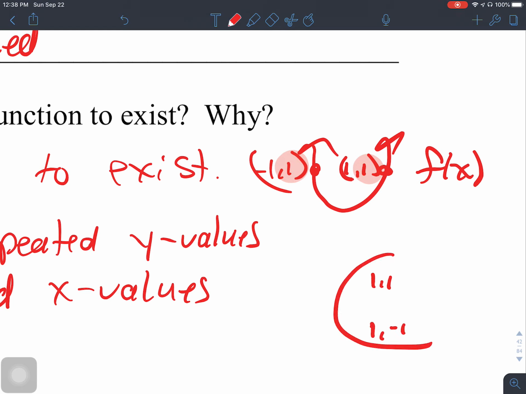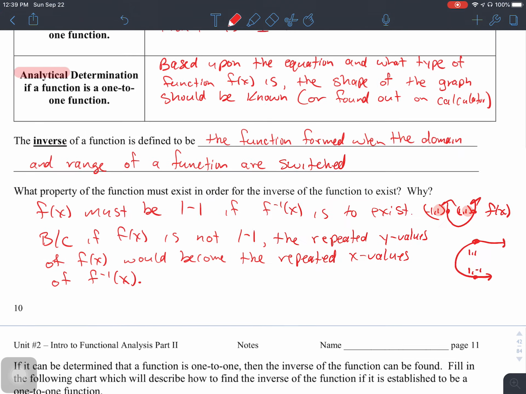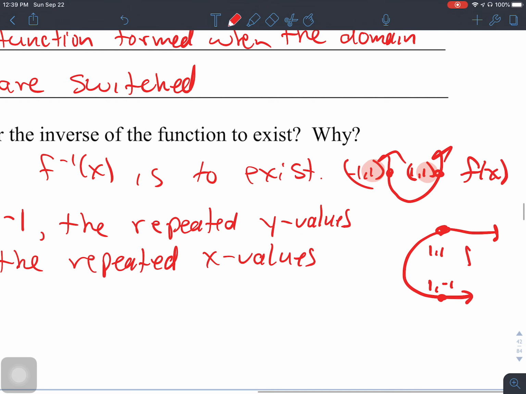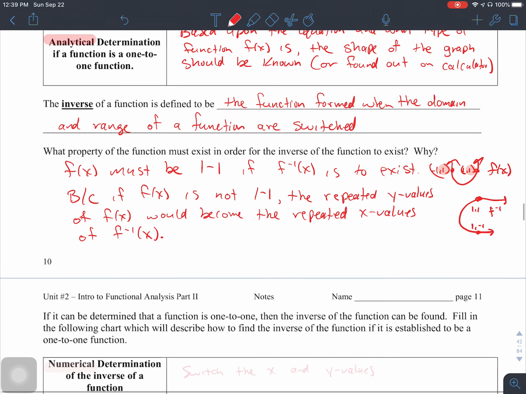So the graph would look like this. If we try to find the inverse of this, it wouldn't be a function because the supposed inverse doesn't pass the vertical line test, which means the original function f of x wouldn't pass the horizontal line test.